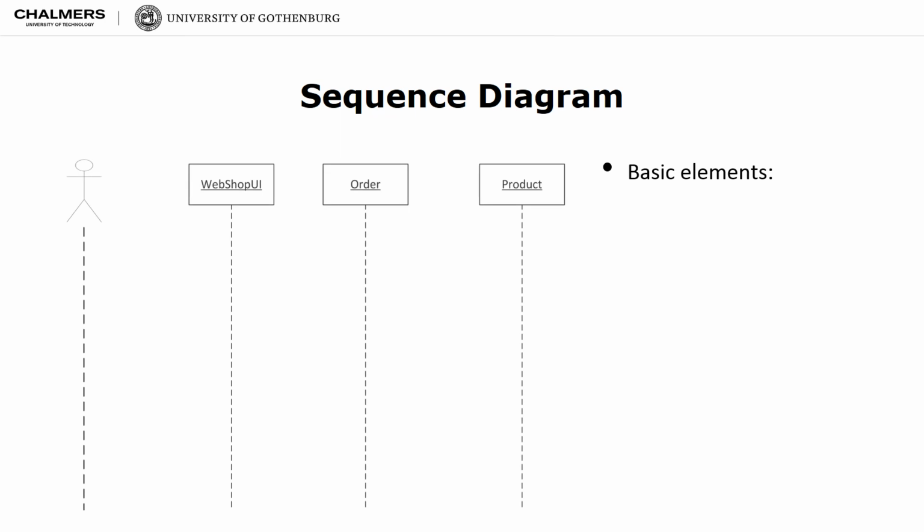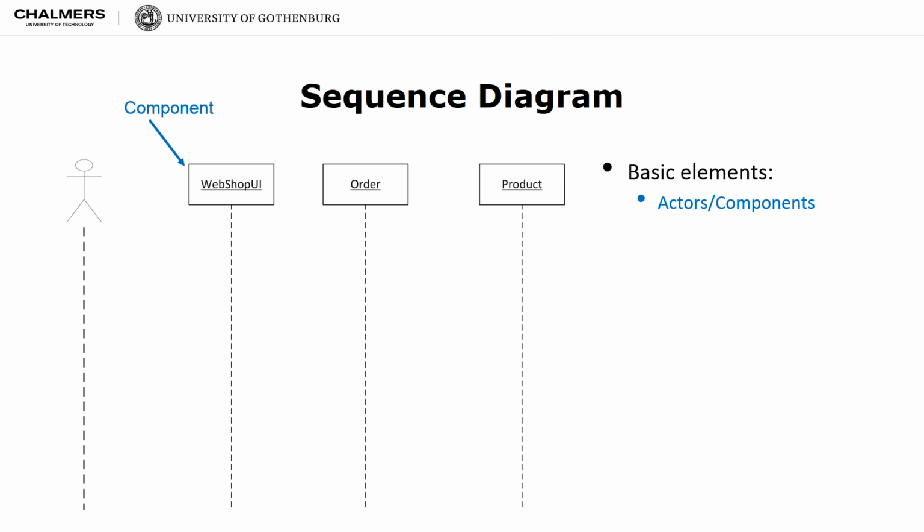A sequence diagram shows the interactions between a set of actors of the system. These actors can be components of the system, external systems, or human actors. These actors are depicted in a row at the top of the diagram. The units of the system for which these sequence diagrams illustrate behavior are object instances.